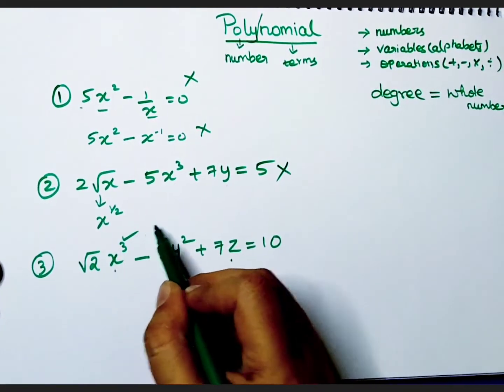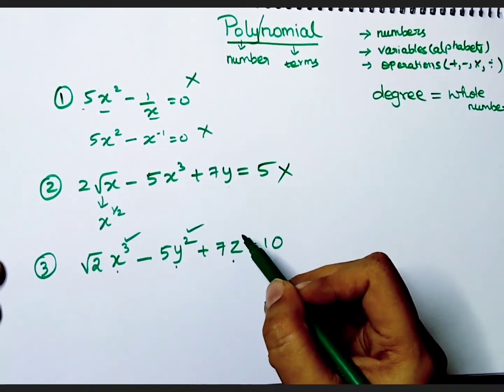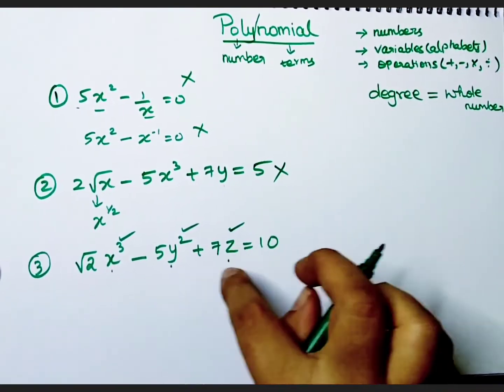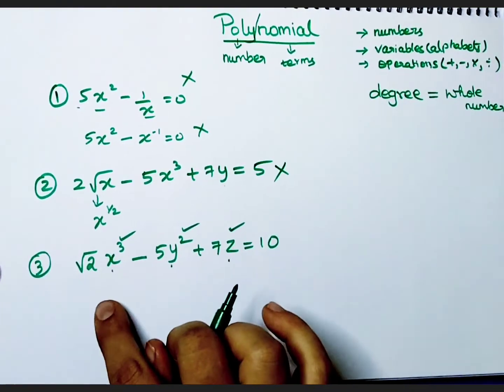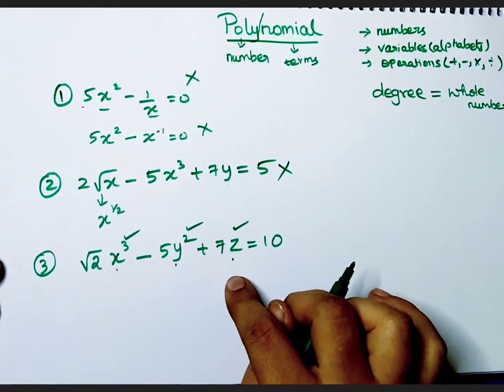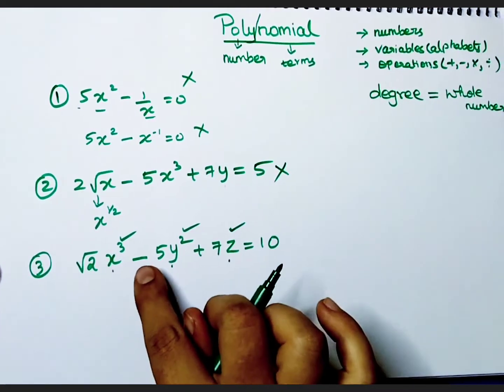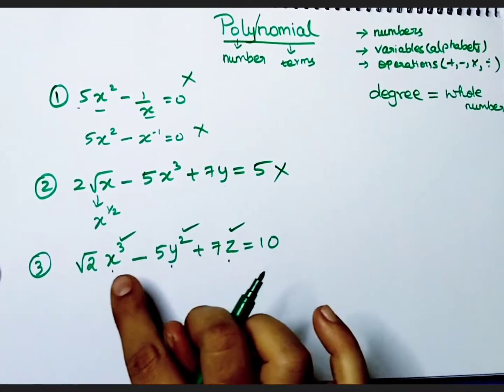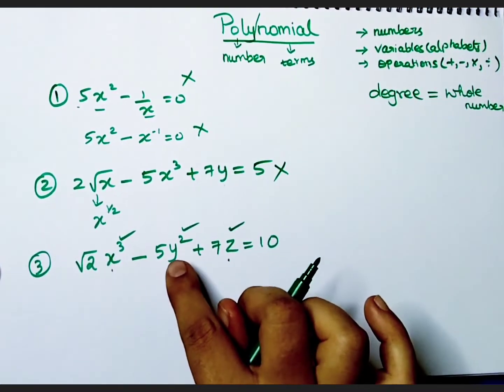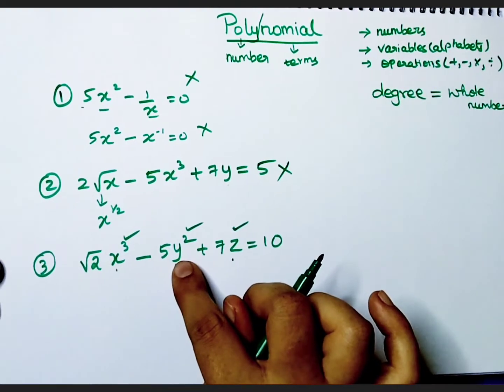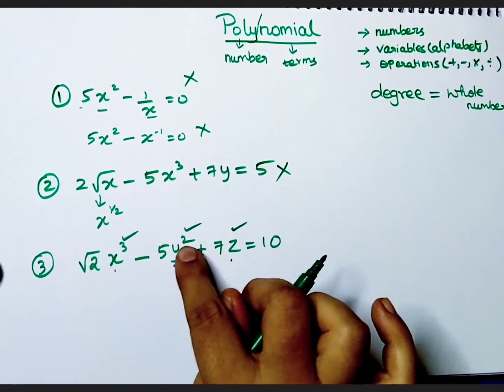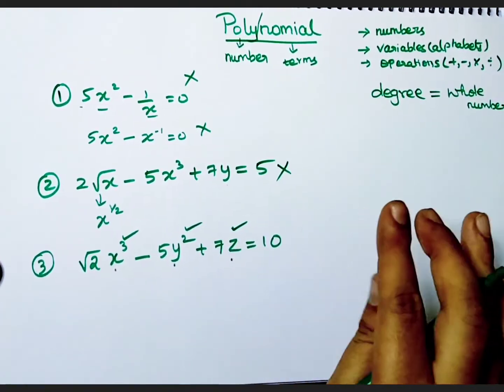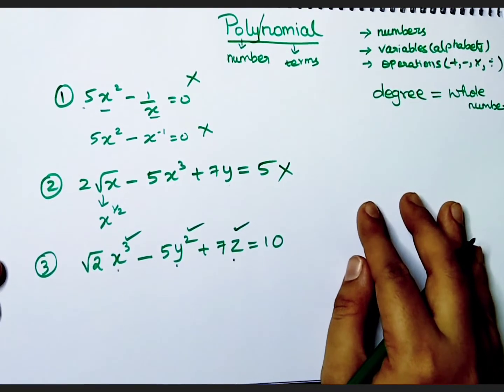The powers are 3, 2, and where they have not mentioned it, it is 1. So all these are whole numbers. So this is an example of a polynomial. We have arithmetic operations, constants as coefficients of the variables, and powers of the variables as whole numbers. So this is what a polynomial is.